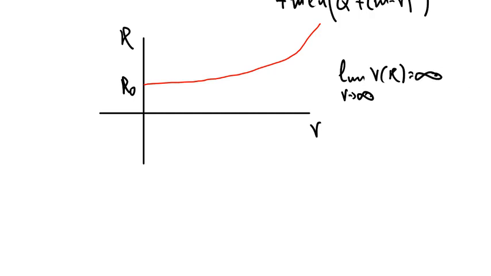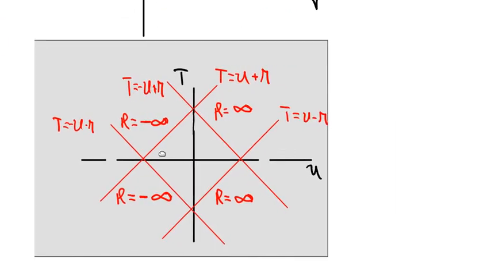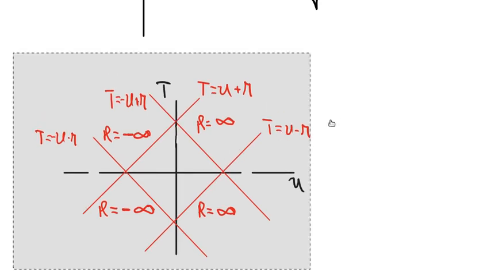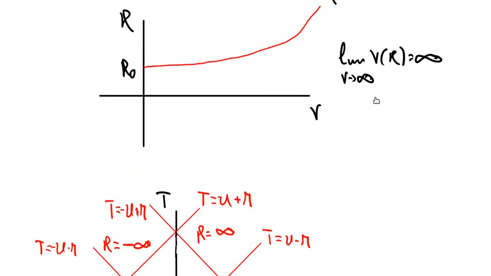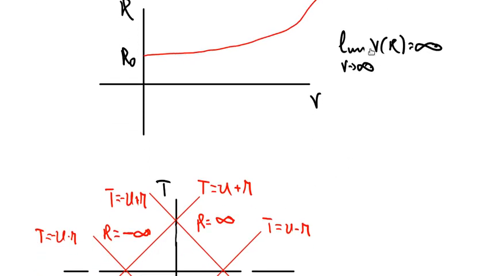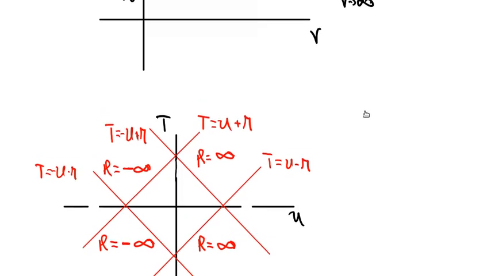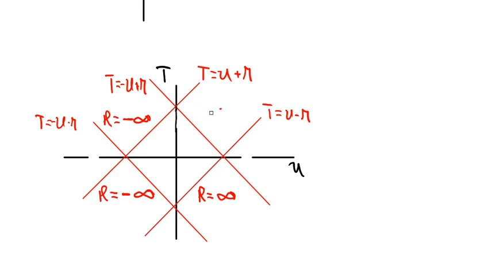So if we just remember our usual picture, which I'm putting here, then we deduce that big R equal to infinity corresponds to small r equal to infinity. So this is the infinite region.